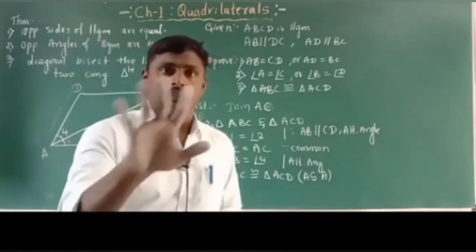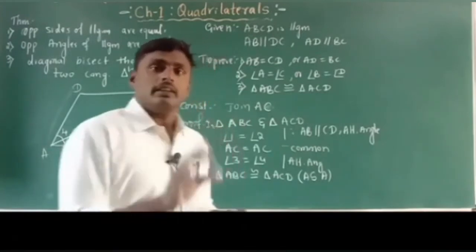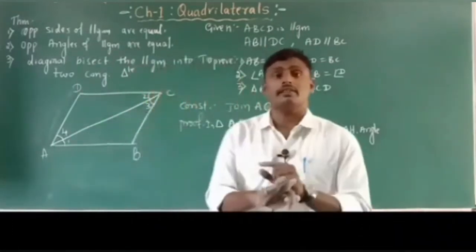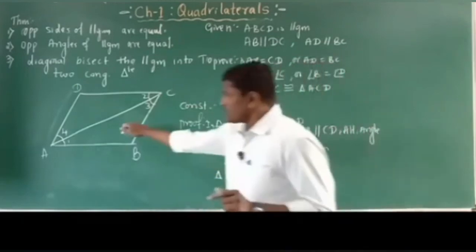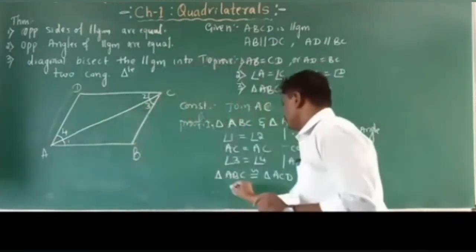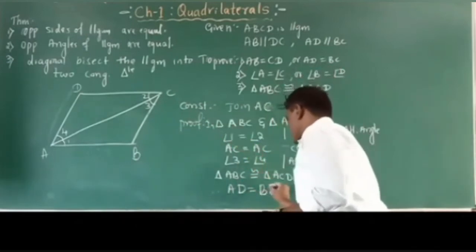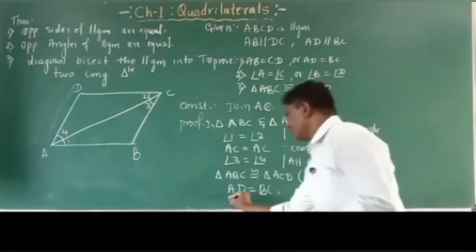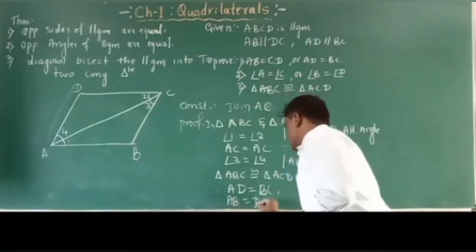It means if we proved two triangles are congruent, then all the remaining angles and sides are equal. Therefore, these two are congruent triangles. So AD is equal to BC. Next, one more pair, AB is equal to DC.